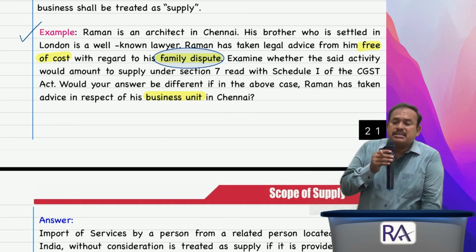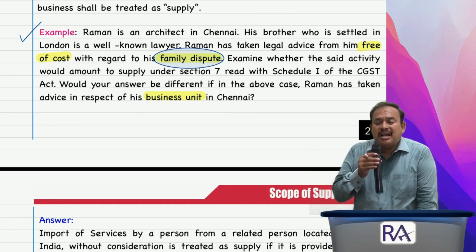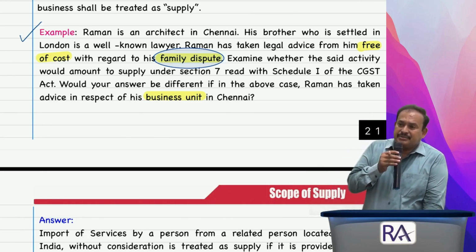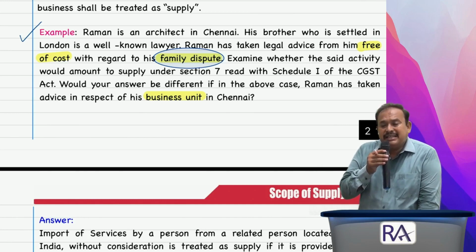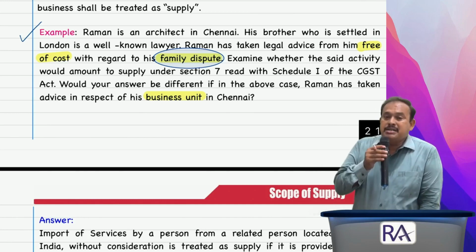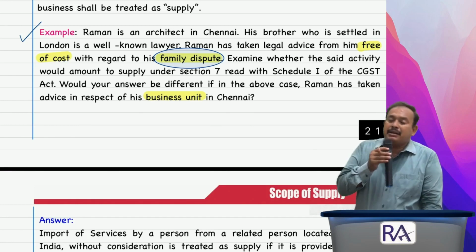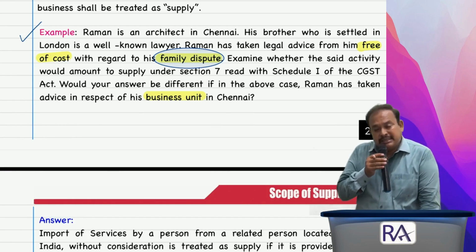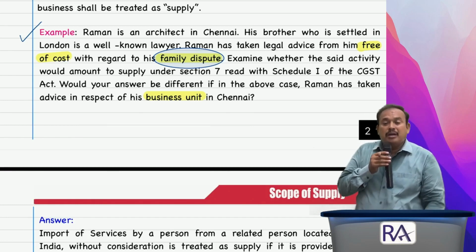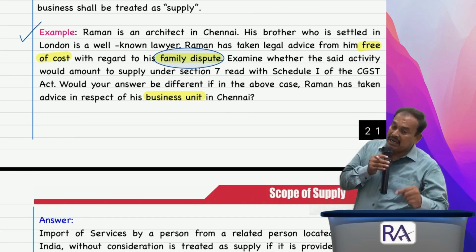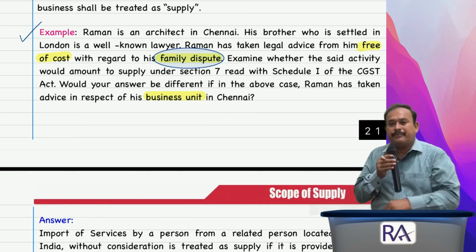Family means spouse, children, spouse and their children, and parents, grandparents, brothers, sisters who are mainly or wholly dependent on such person.